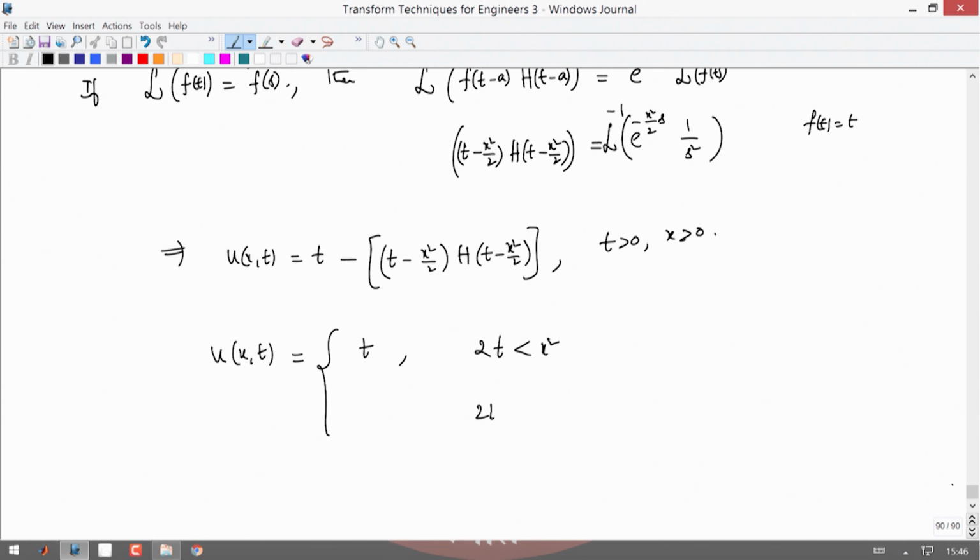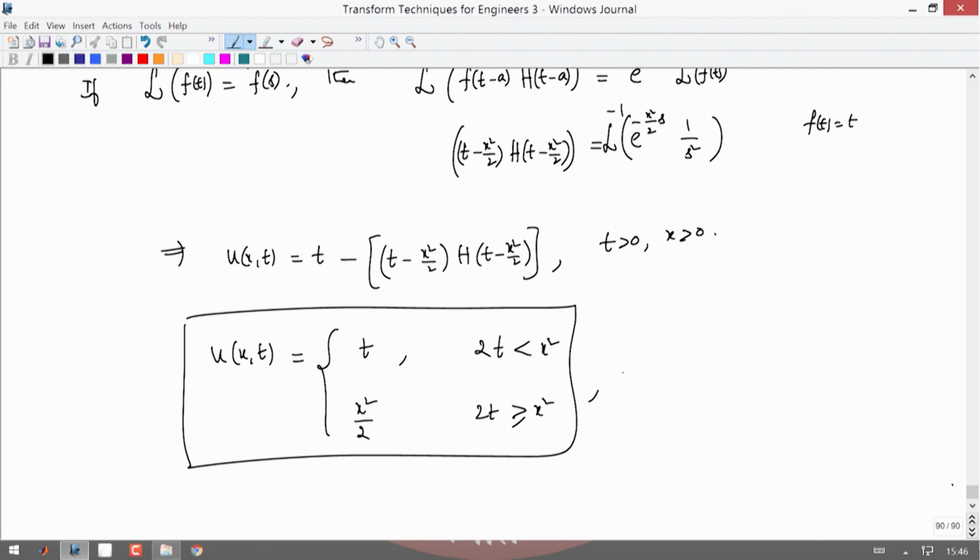If 2t is bigger than or equal to x square, the Heaviside function is 1, then you have t minus t plus x square by 2, so you simply have x square by 2. So, this is your required solution for t positive and x positive.